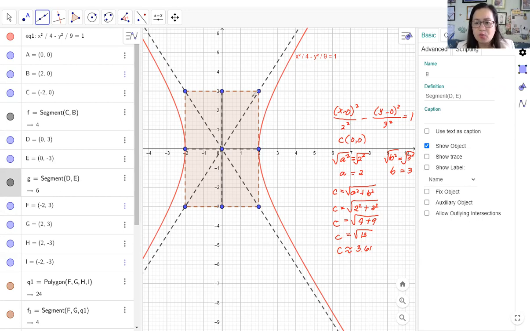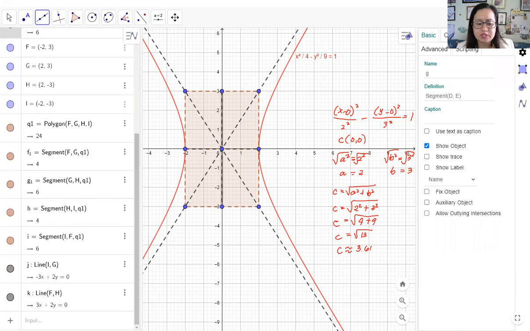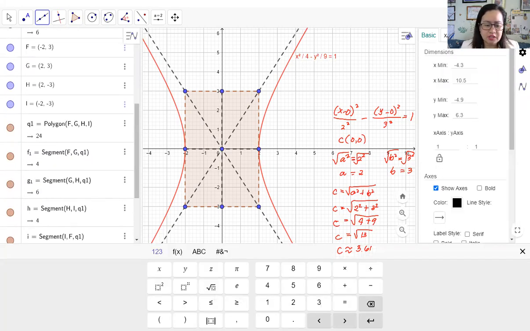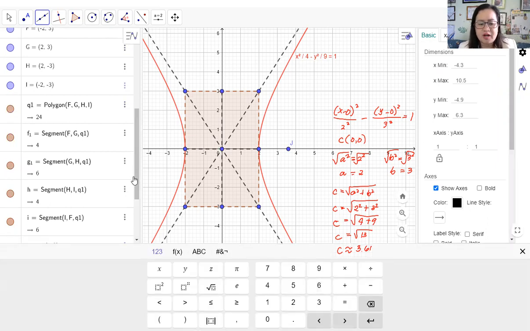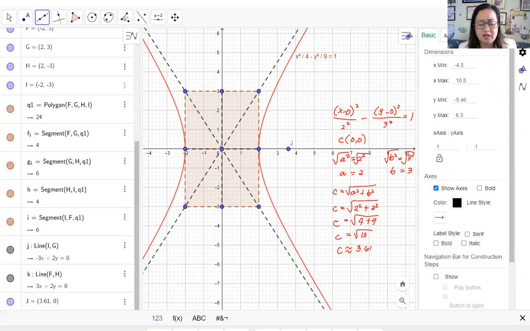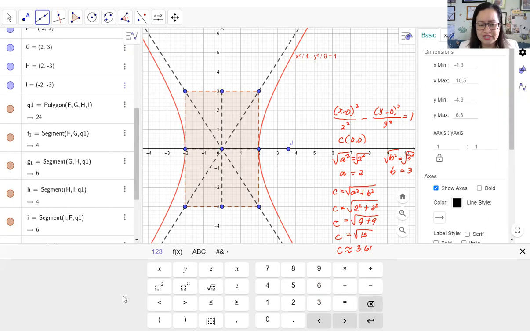In order to plot the foci, we can just type in the input tab 3.61, 0, so that is for the focus at the right of the center.